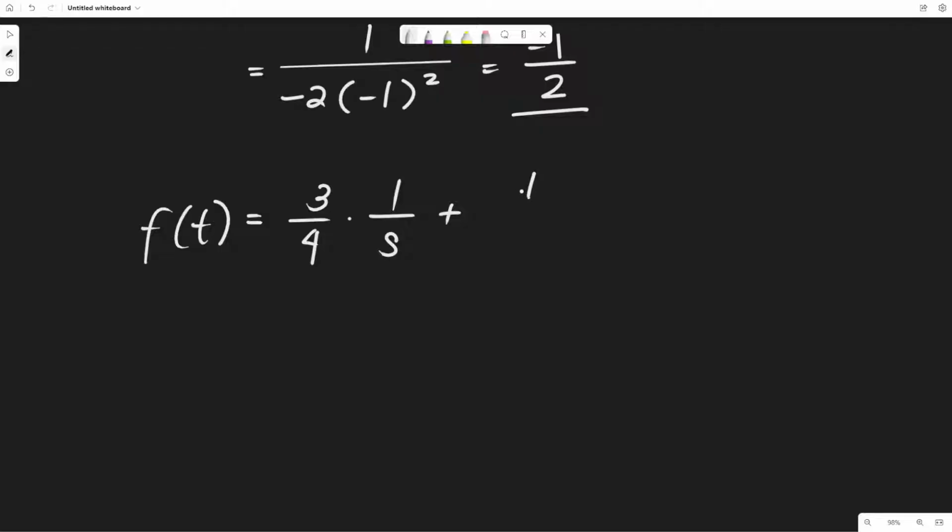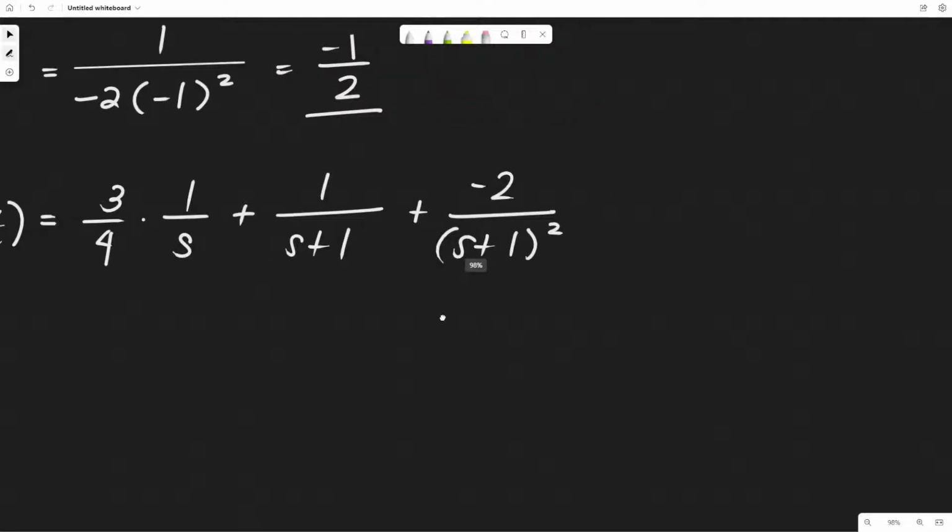So, 1 over yung denominator ng b, which is s plus 1, di ba? Yan. Then we have plus, what's the value of c? Di ba that is negative 2 over s plus 1 squared. Okay? Then we have, what's the value of d? That is negative 7 over 4. So minus 7 over 4 multiplied to 1 over s plus 2. Diba? That's the denominator of d.